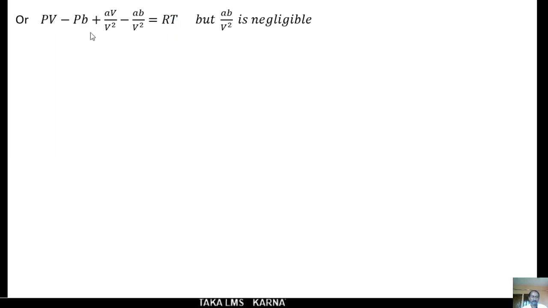In the previous equation you simplify that, then we get this equation. But AB by V square is negligible, hence it is ignored. Therefore, when AB by V square is ignored, and all these terms come across to the right-hand side of the equation, we get PV equals RT plus PB minus A by V. Here V in the numerator and V square in the denominator, one term cancelled, then it gives A by V.